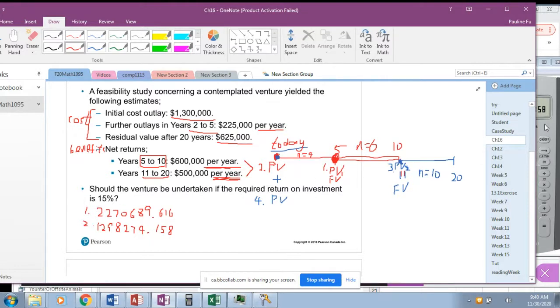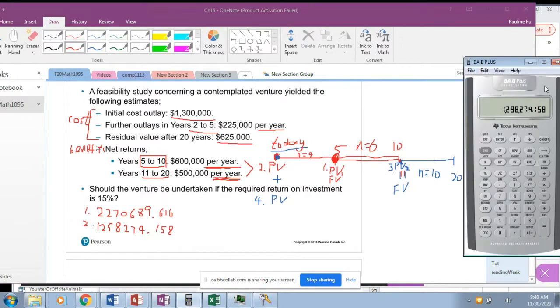Let's go step by step. Do step 3. What is the present value at this point? So go back. PY 1, CY 1, correct. Second quit, clear everything.